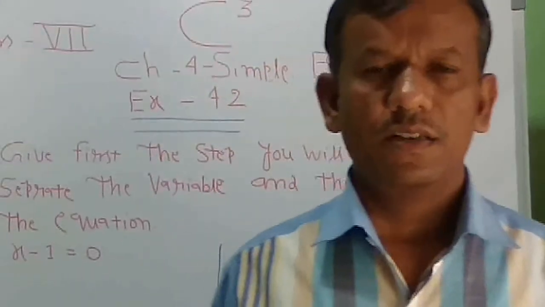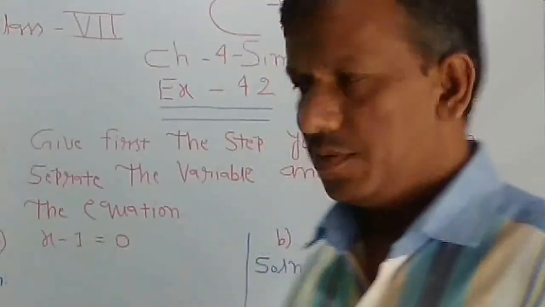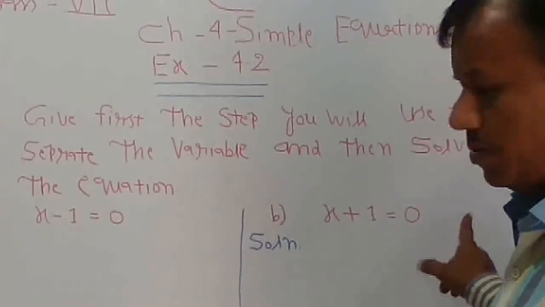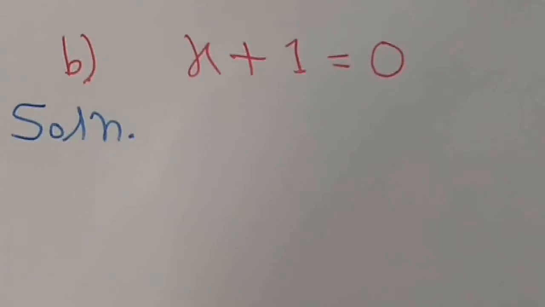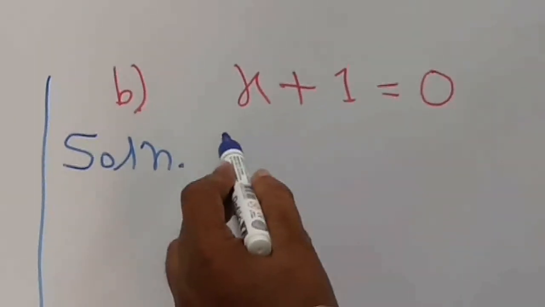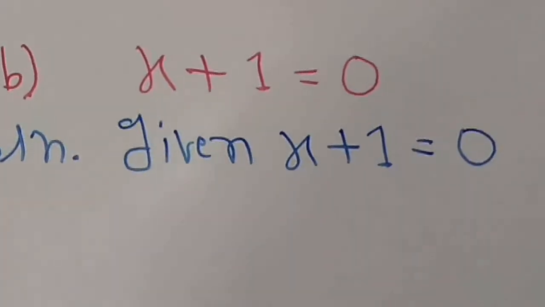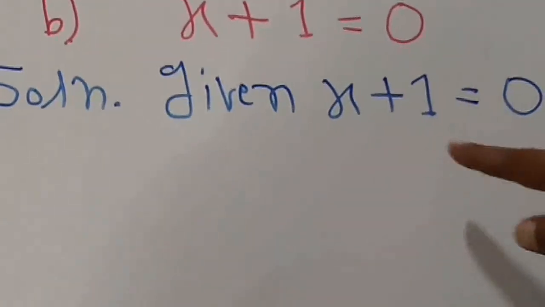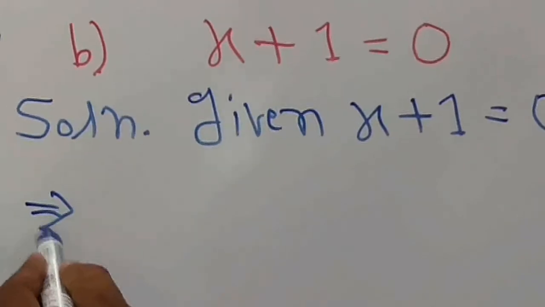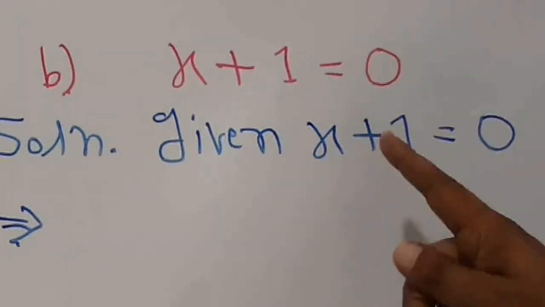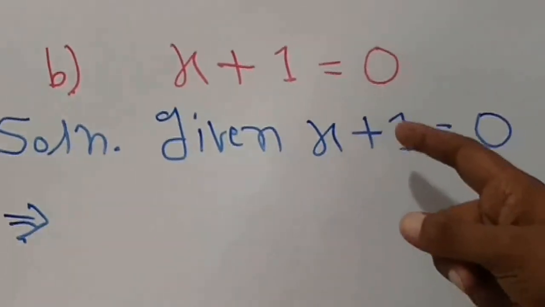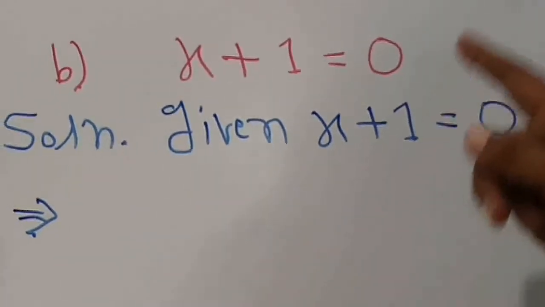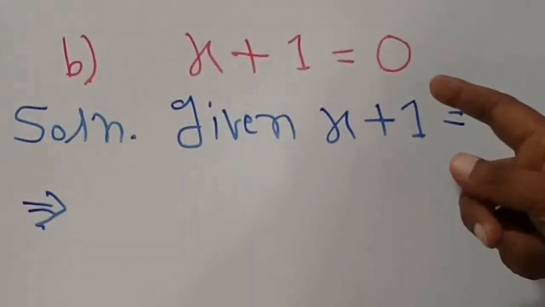Now we are going to solve the b part of this question, x plus 1 equal to 0. So first we write given: x plus 1 equal to 0. In this equation, the plus sign is there, so we are using the opposite sign of plus, that is minus, and the 1 is given, so we use the same number 1 here.